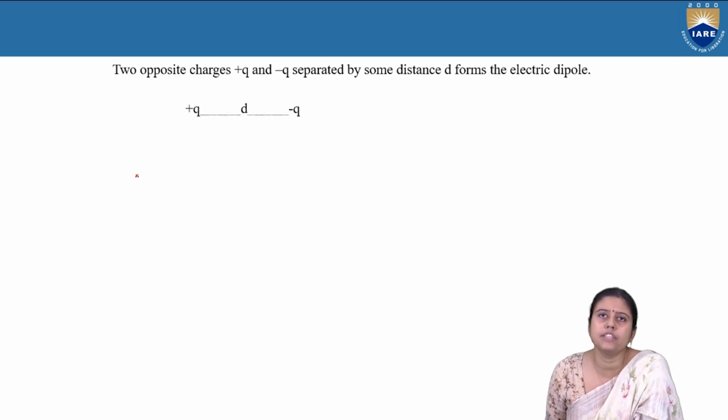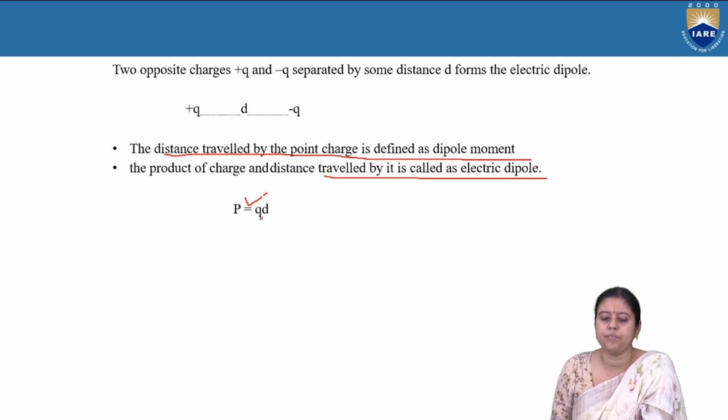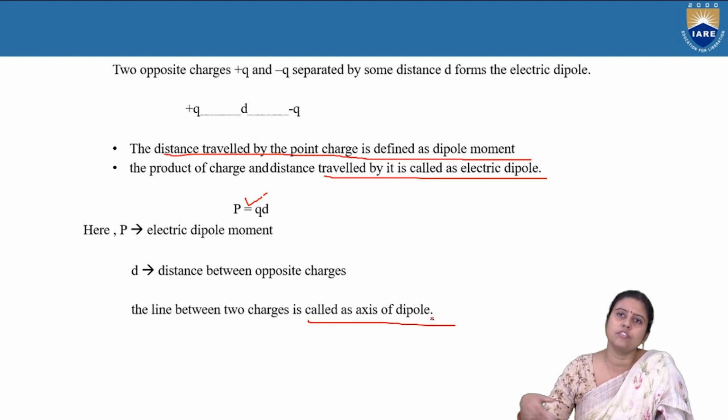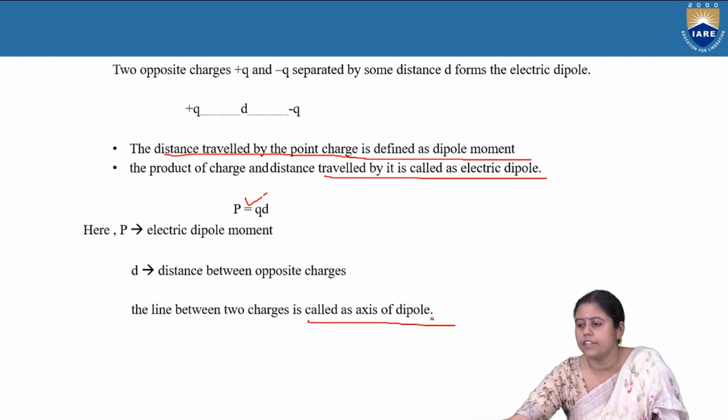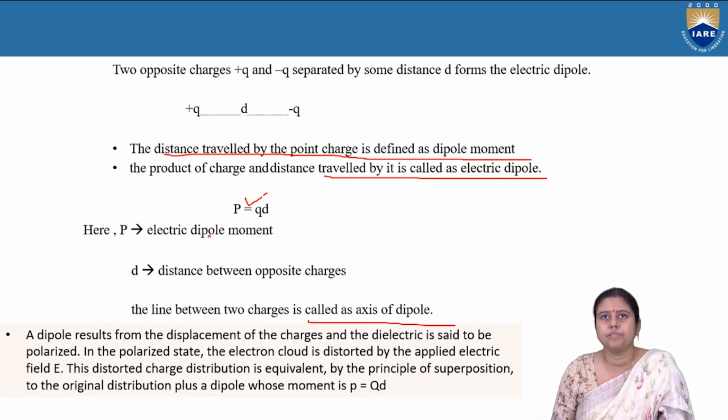And if the two opposite charges are separated by a distance d, the distance traveled by the point charge defines the dipole moment, and the dipole moment is the product of the charge q and the distance traveled by it, d. This line is known as the axis of the dipole. So we have discussed the dipole moment.